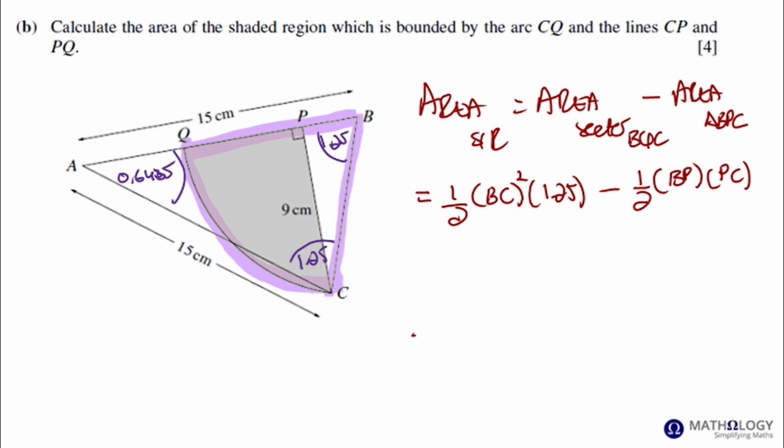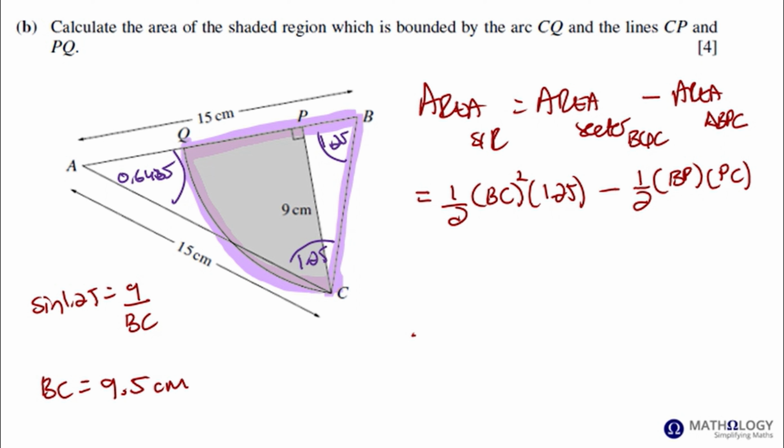So opposite over hypotenuse equals sine 1.25. So sine 1.25 equals 9 over BC. So BC equals 9 over sine 1.25, which is 9.48. We're just going to round that up to 9.5 centimeters.